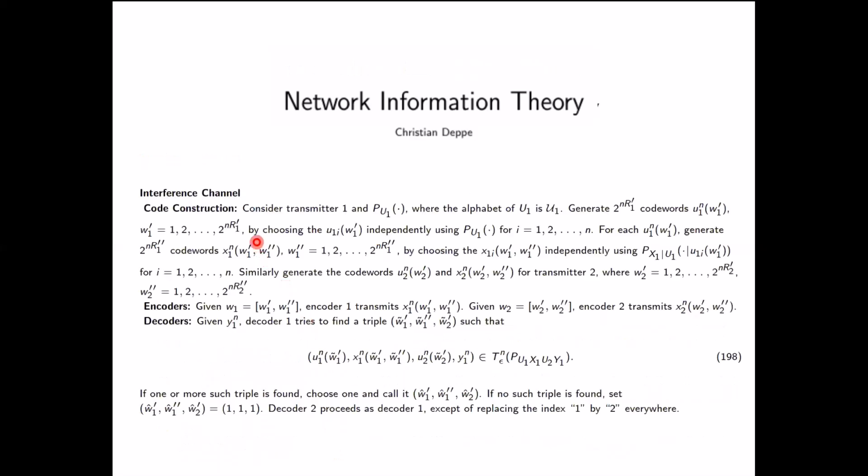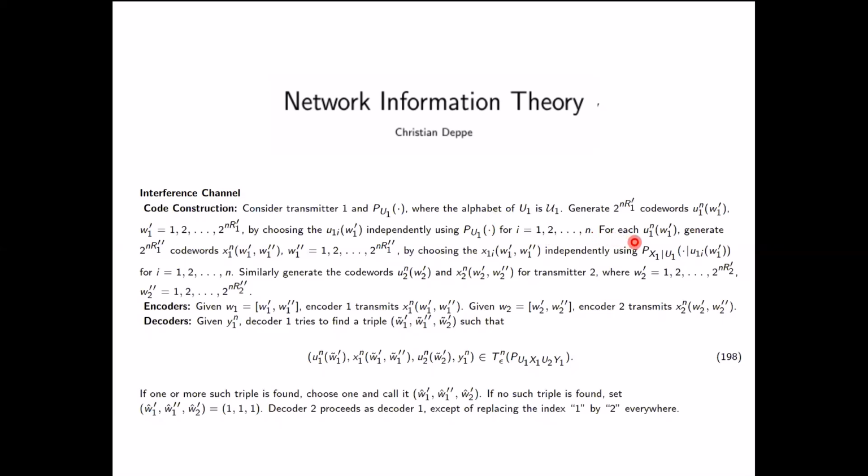How is the code construction now? So first we consider transmitter 1 and P(U1). Again, this U1 denotes the alphabet of this random variable U1. We generate 2^(nR1') codewords, for W1' from 1 to 2^(nR1'), by choosing the U1i(W1') independently according to P(U1), this probability distribution here, as we do it every time, a lot of times before, for each symbol in the codebook.